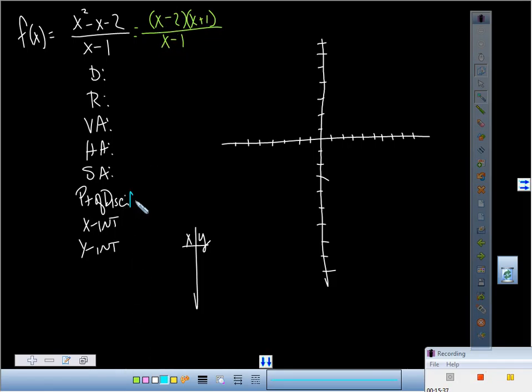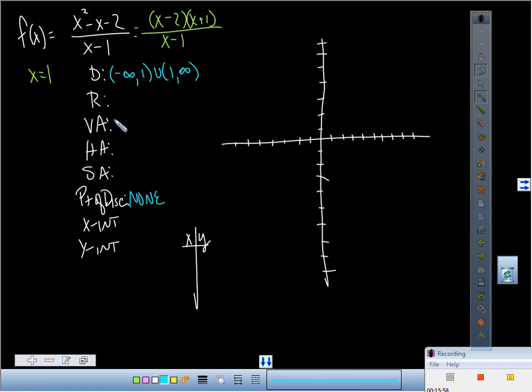There is no point of discontinuity. So, zeros of the denominator. 1. Okay, so what's my domain? Very good. Negative infinity to 1 and 1 to positive infinity. Alright, we'll come back and look at the range.